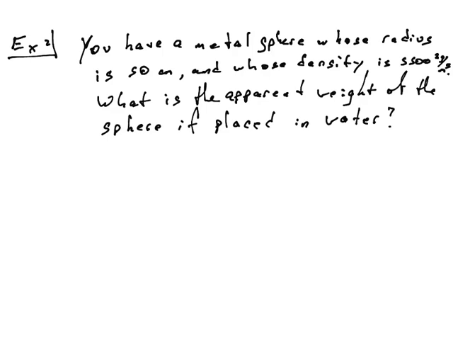All right. Well, for this question, I want the apparent weight. So the equation, apparent weight, is equal to true weight minus buoyant force. So I need those two things. I need the true weight of the object, and I need the buoyant force on the object. Well, what's the true weight?